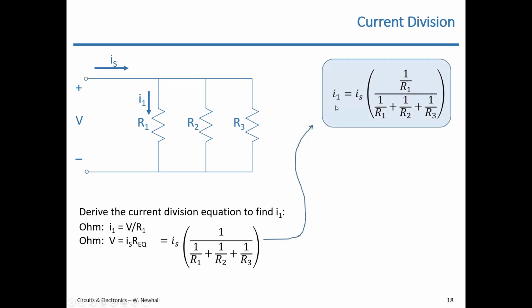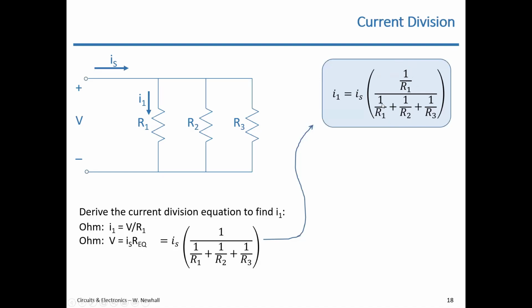So this is the pattern here. I1 is the current through R1. I1 equals the current into the parallel set times this ratio. On top, the reciprocal of the resistance through which you're trying to find the current. That goes on top.